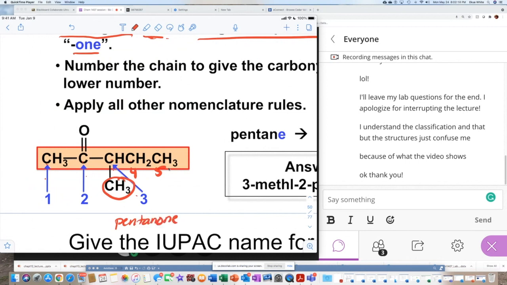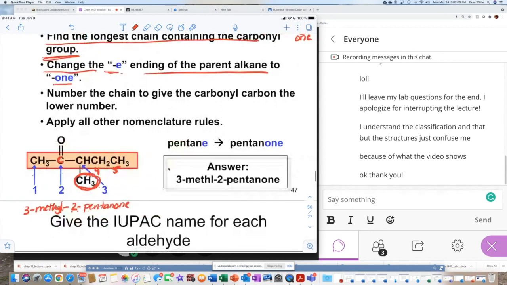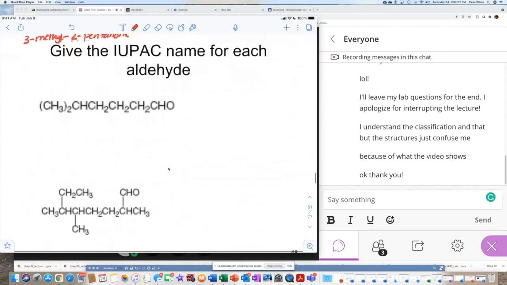Unlike the aldehyde, where the carbonyl has to be on the end, that's non-negotiable, with the ketone the carbonyl has to be somewhere in the middle, anywhere in the middle, doesn't really matter. But you have to say where it is in the name. So in pentanone, the carbonyl is on the 2nd carbon, so you write 2-pentanone. And then you have to talk about the side group: 3-methyl-2-pentanone. I know, it's fun stuff.